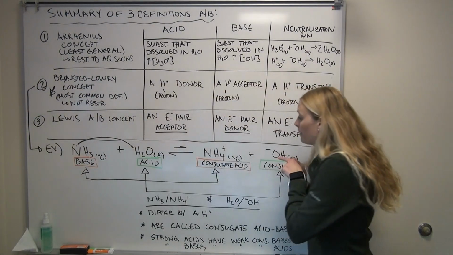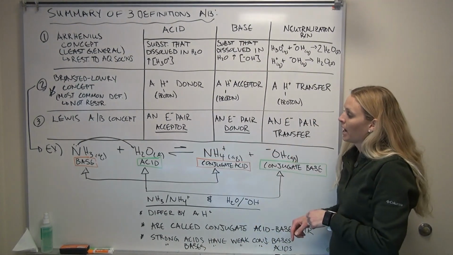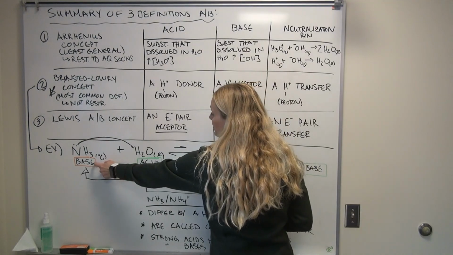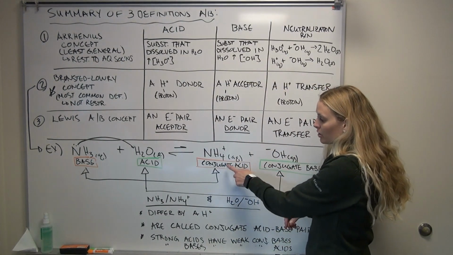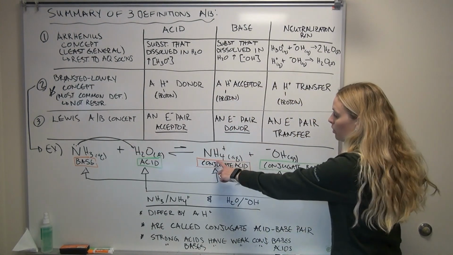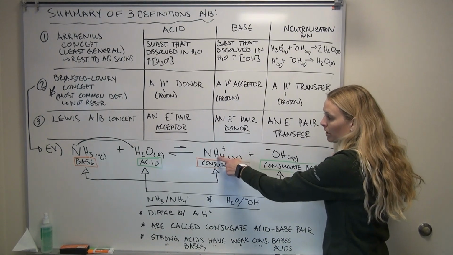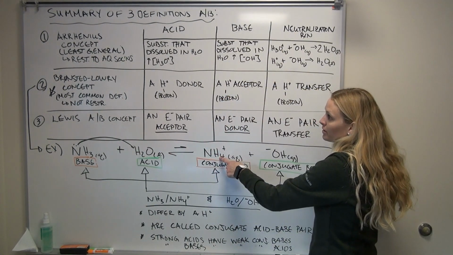However, if we go in this direction, now these are the reactants and we're going to products that way. If I've identified that this is the base, then this is what we call the conjugate acid, since it only differs by a proton. In this direction, it went from NH4 plus to ammonia. It lost a proton. What loses protons?